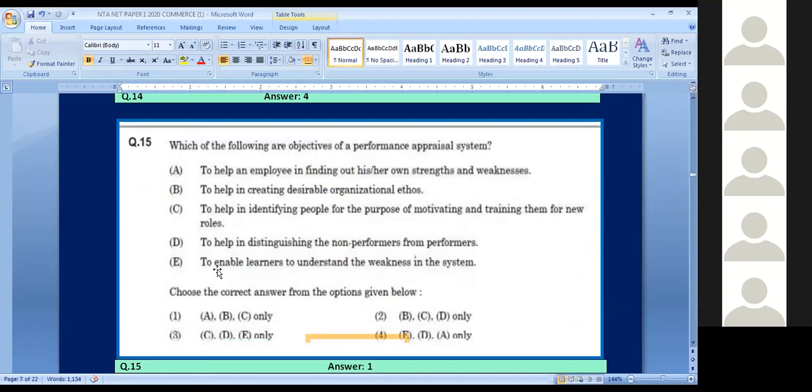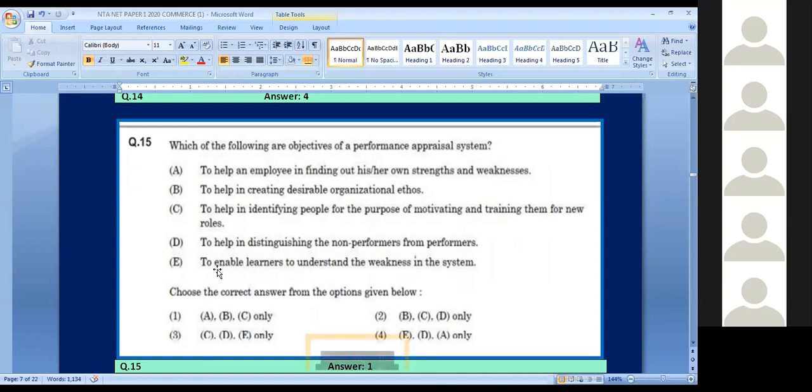Which of the following are the objectives of performance appraisal system? See here, performance appraisal, it is not an HR concept here, but they have mixed both the student's performance and the employee performance just to confuse you. Okay. Check out the coding.